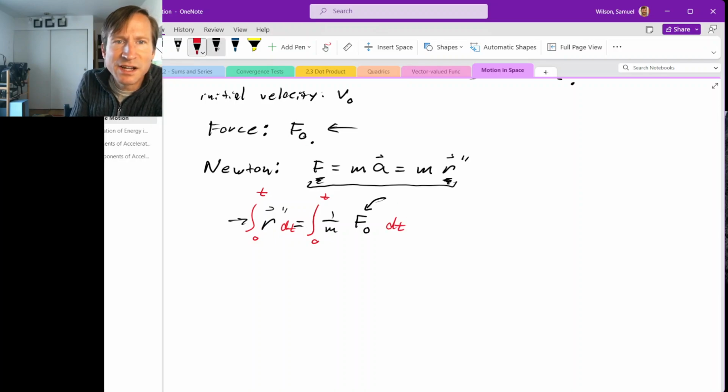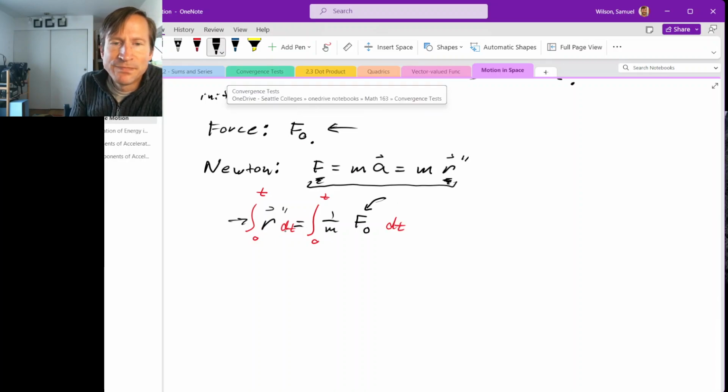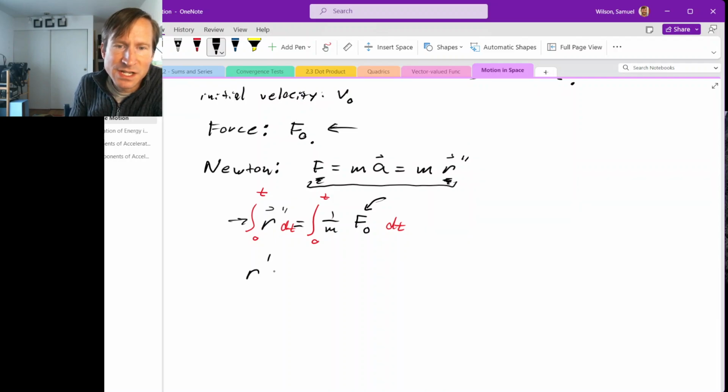On the left-hand side, when you integrate acceleration, you get velocity. So this is r prime of t minus r prime of 0, right? And on the right-hand side, the antiderivative of all this stuff in the integral is a constant.